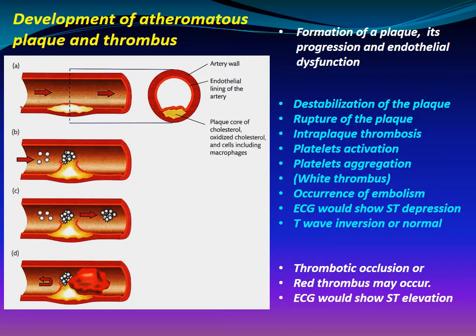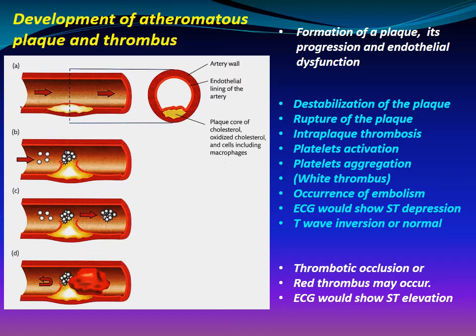Development of atheromatous plaque and thrombus. Figure A shows the formation of a plaque, its progression, and endothelial dysfunction. The plaque core consists of oxidized cholesterol and cells including macrophages.